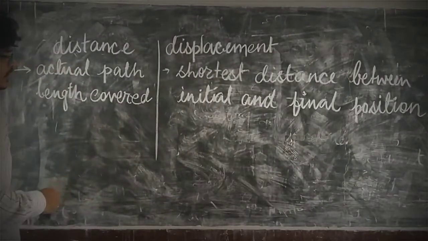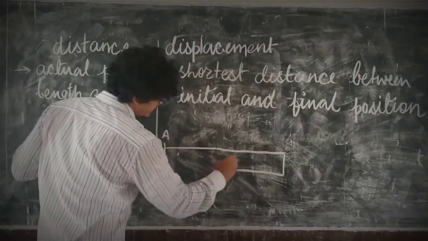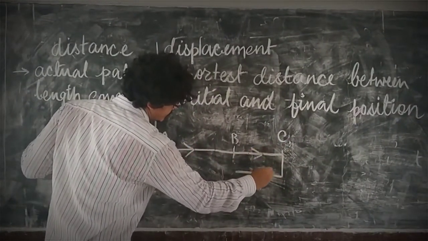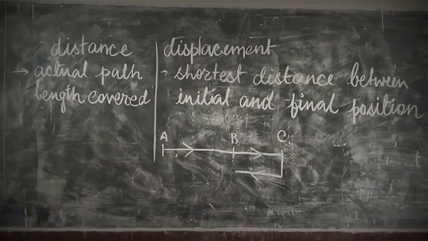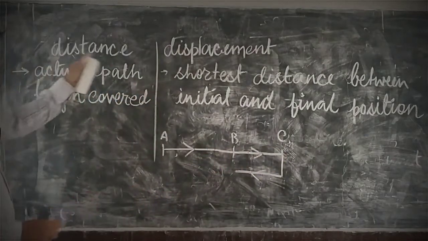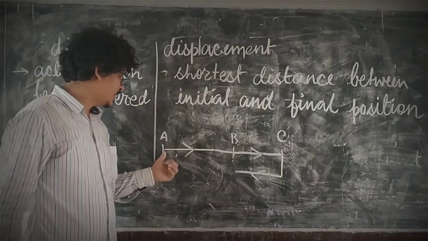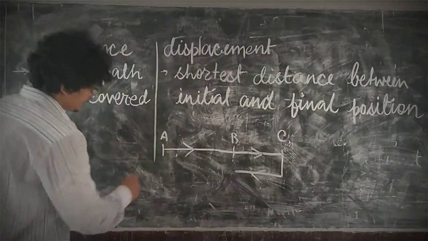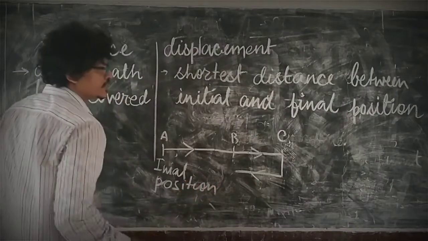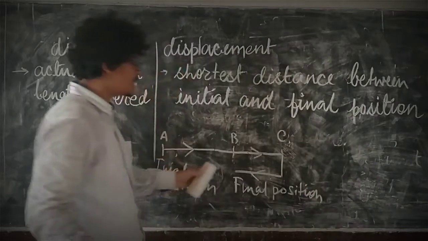What does it mean? Let us go back to the first example. The person started from A, went to B, B to C, and then again C to B. This point was A, this was B, and this point was C. The path length of A to B, B to C, and then C to B was our distance, whereas the displacement was A to B. A is our initial position and B is our final position.